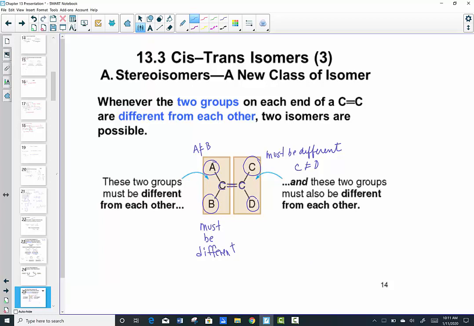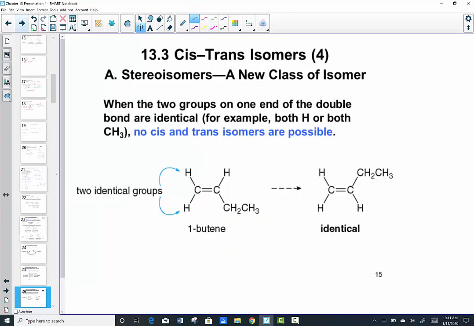For example, if we have two groups on one end of the double bond that are identical, notice here that the carbon involved in the double bond has two identical groups. Let's call them both hydrogens. It's impossible to have a cis-trans isomer because if I switch these two hydrogens, it's exactly the same molecule, right? So there's no interchangement of that particular compound.